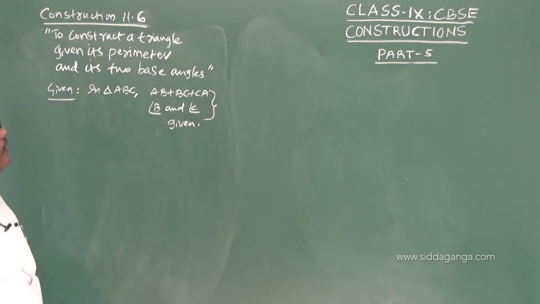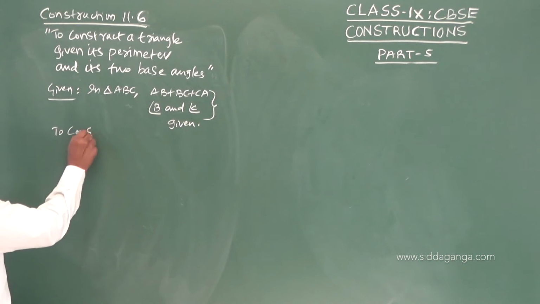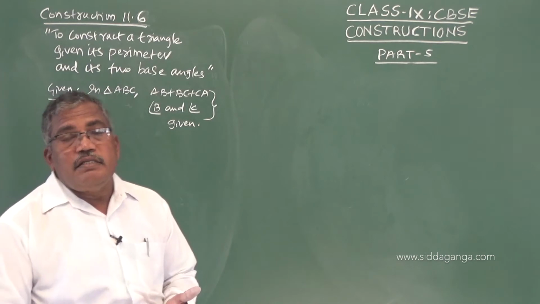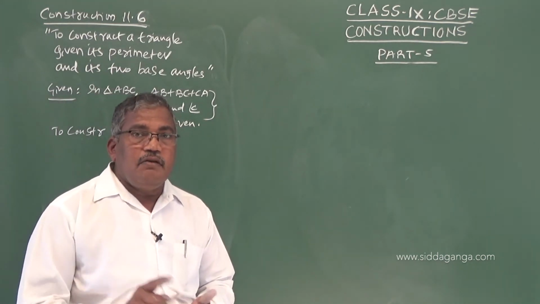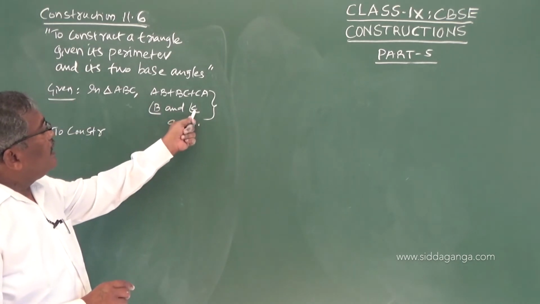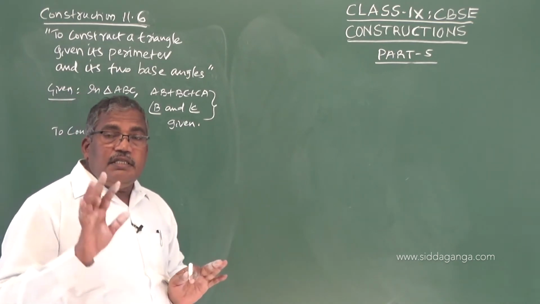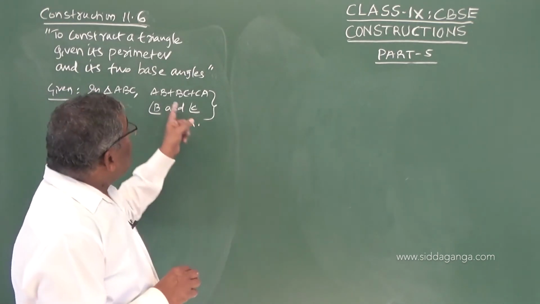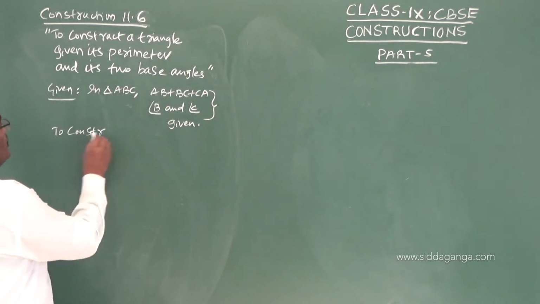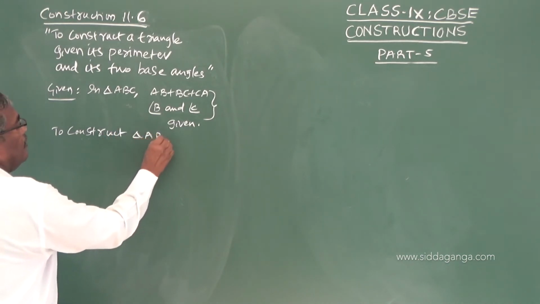To construct: observe here, angle A is not given, none of the sides are given separately, AB, BC, CA, but the sum of the three sides, that is the perimeter of the triangle, is given. To construct triangle ABC.